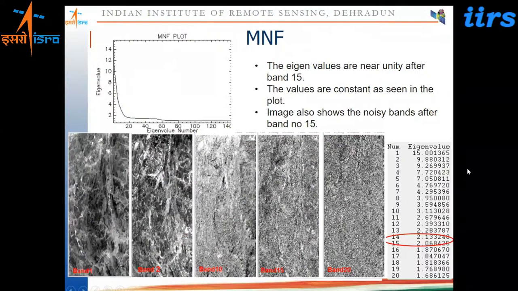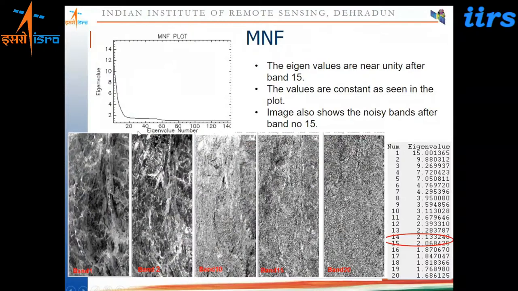If we see the eigenvalues also, the eigenvalue of band number 1 is high, gradually decreasing, and after 16 it is almost 1.8787, and the changes are very gradual, which can also be seen from the graph. So the values are constant after the 15th, and after the 16th it is almost 1.